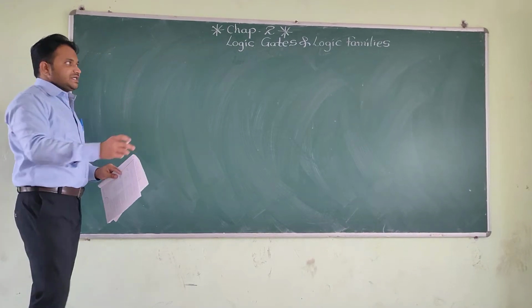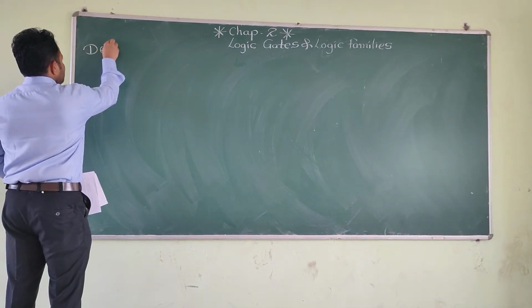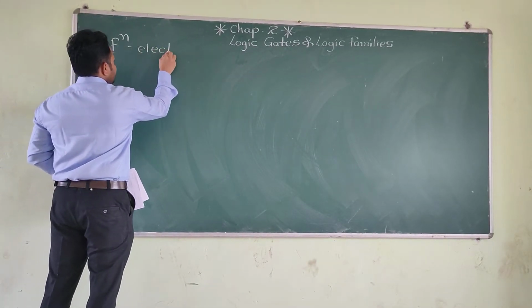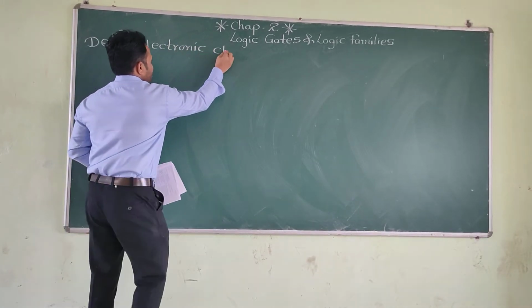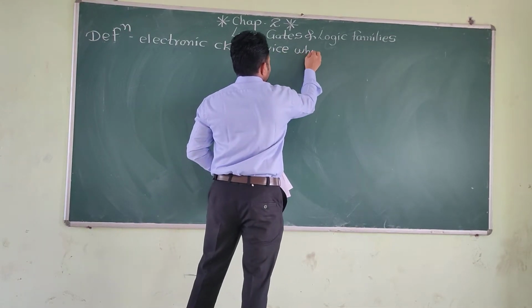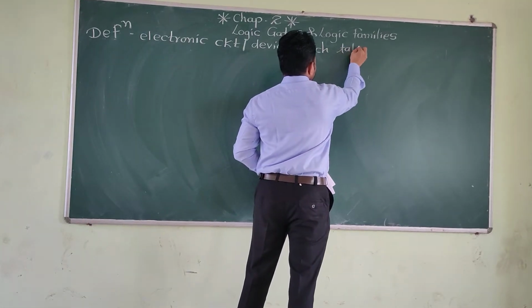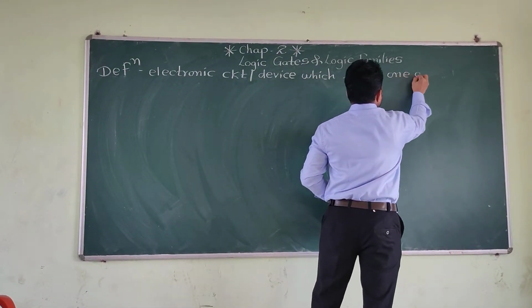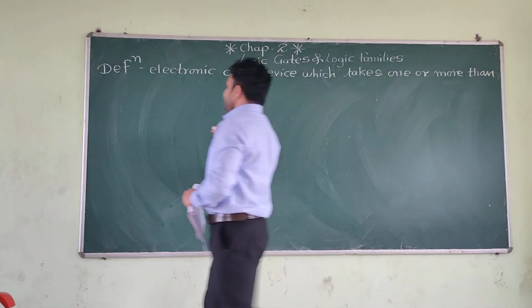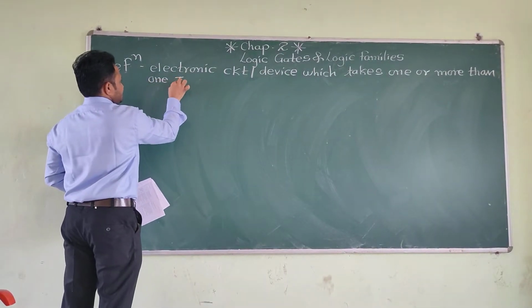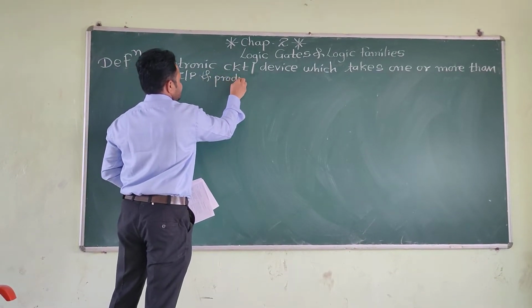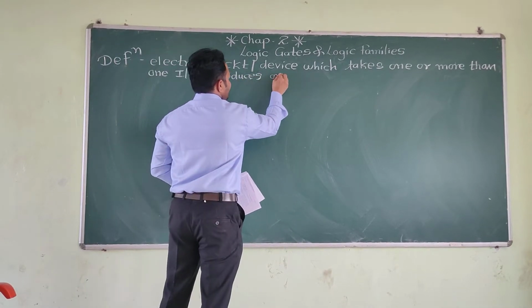So first of all, let us understand what is meant by a logic gate. The definition of logic gate: a logic gate is nothing but an electronic circuit or device which accepts or takes one or more than one input and produces only one output.